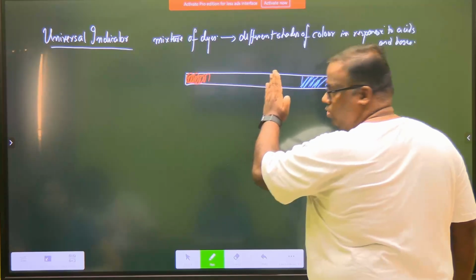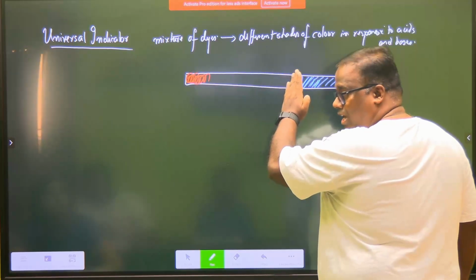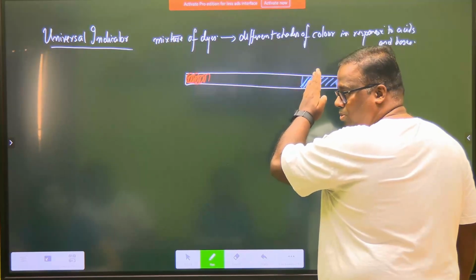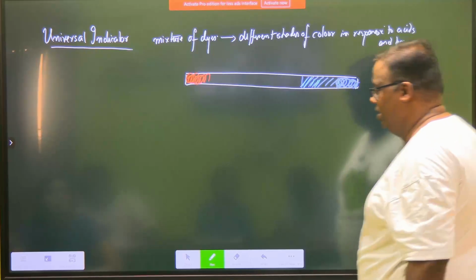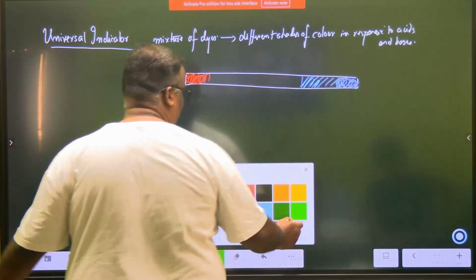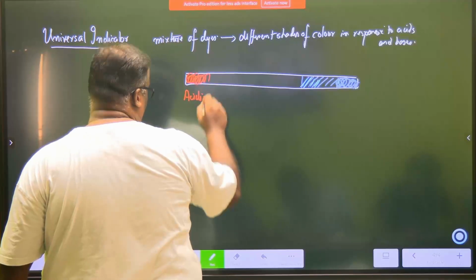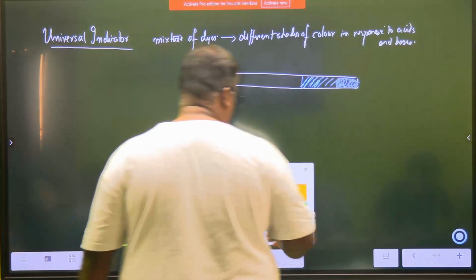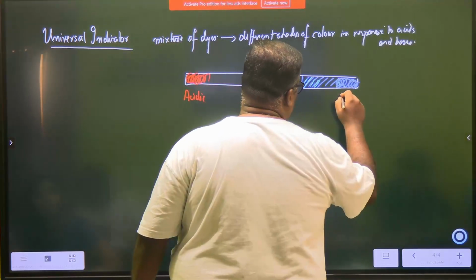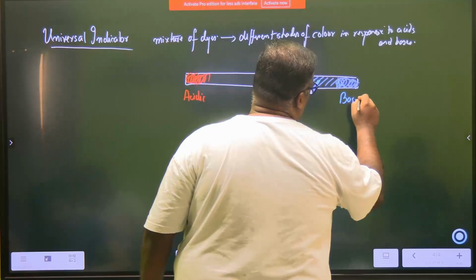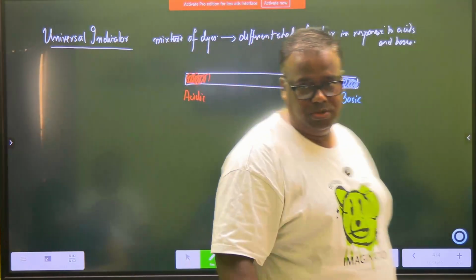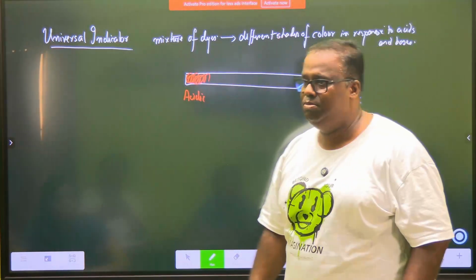Green will fade to dark green, light blue, deep blue, and darkest blue. So this is the easiest one that we use in labs nowadays. This side will be acidic, and the color is maintained in accordance with the color code that we follow for litmus. Have you understood? So universal indicators are a mixture of dyes.